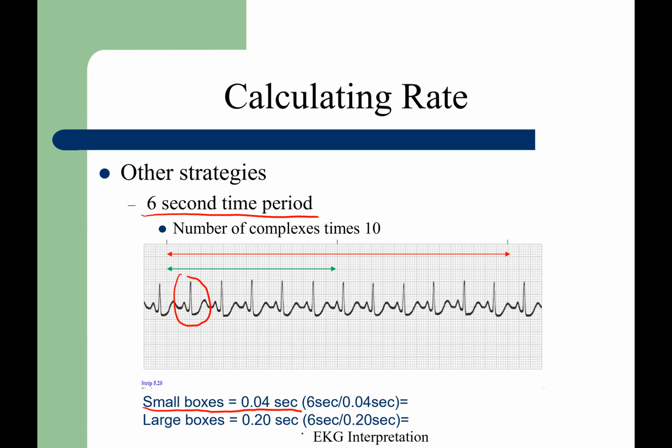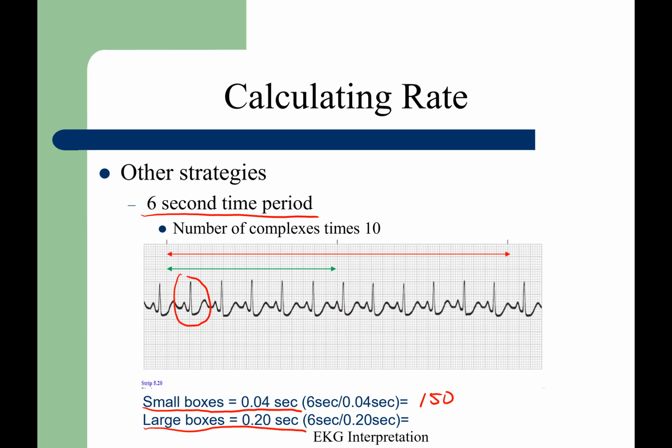Each large box is 0.2 seconds. I can make a quick calculation, right? So if I want 6 seconds, divided by 0.04, I'm going to get 150 small boxes. Okay, something like that. I think it's about 150 small boxes.